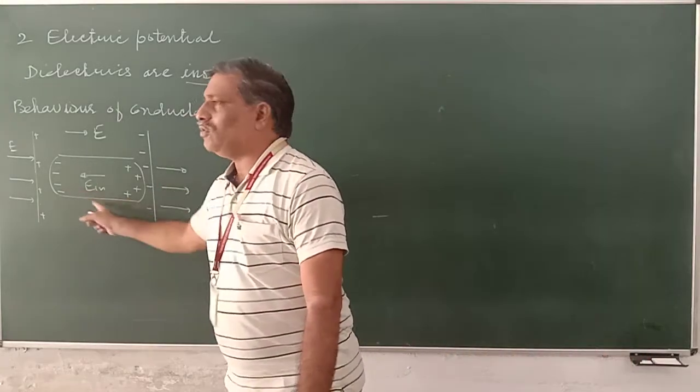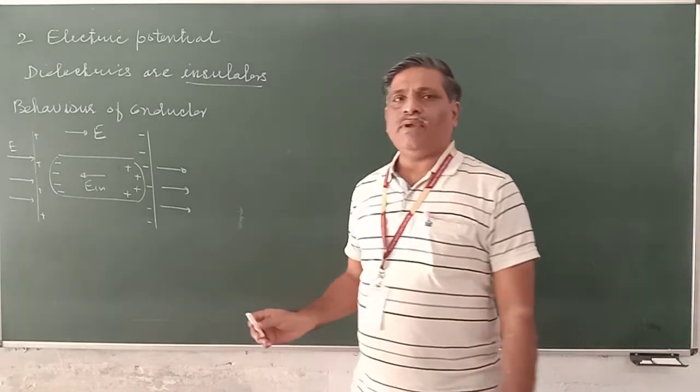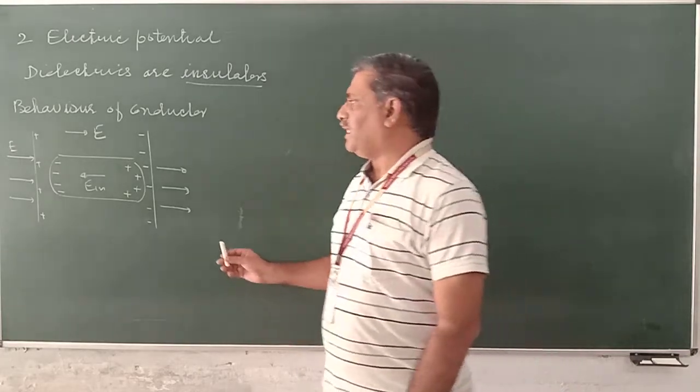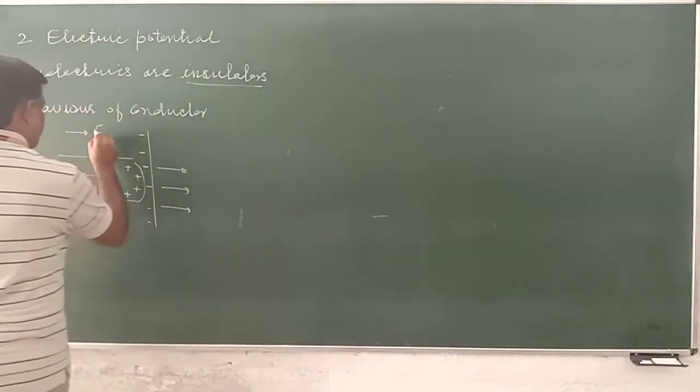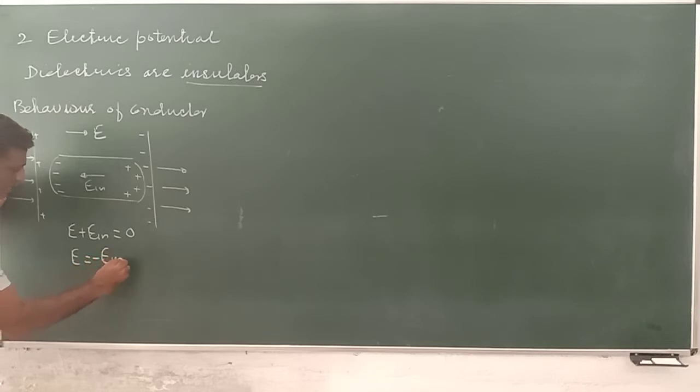So inside the conductor, because of movement of charges, an electric field is developed. And this goes on happening as long as equilibrium does not exist. Positive and negative charges will keep on coming here. But as soon as E out plus E in is equal to 0, the addition of these two becomes 0, then no negative charge will drift towards this side. It means that E out is equal to minus E in.